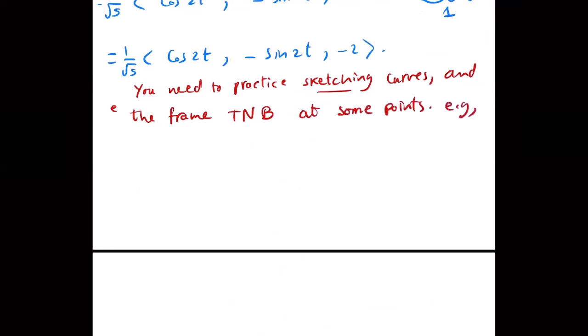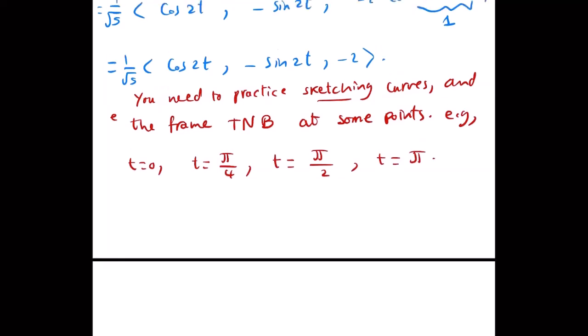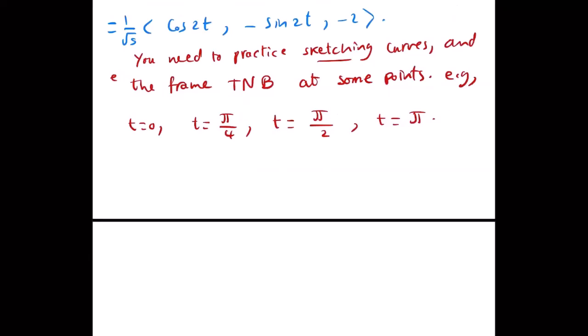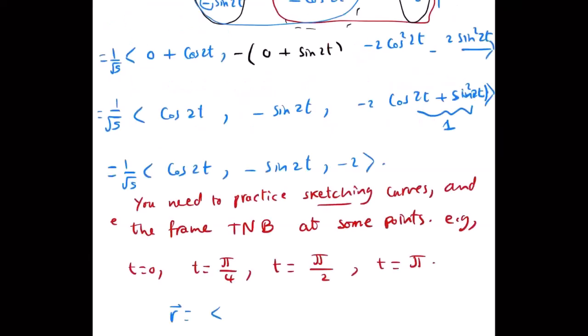E.g., say T at 0, T at pi over 4. So, for example, here, R is the, at what?